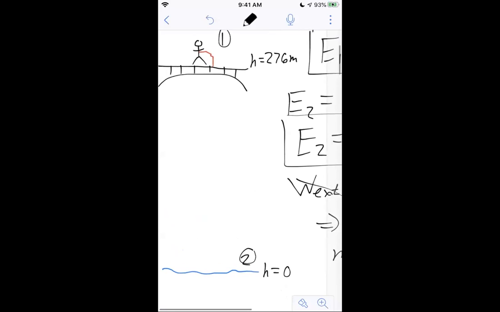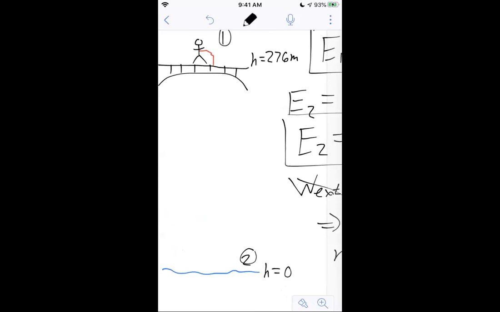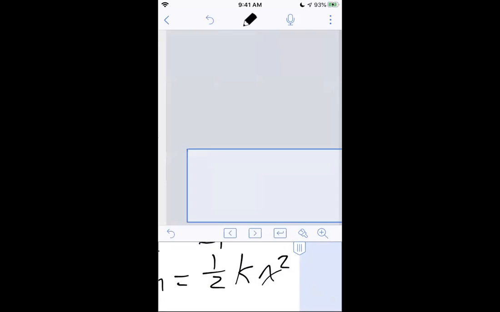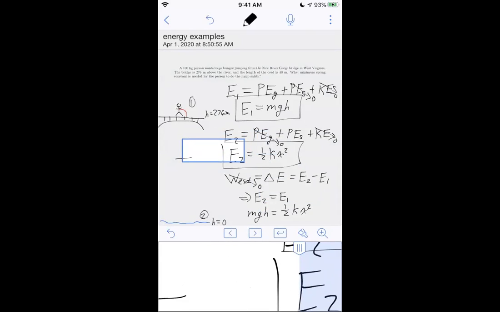So let me zoom in on that picture a little bit. We know that the person's going to fall for 40 meters. The length of the bungee cord, so I'll write that as L equals 40 meters, before the spring starts stretching.